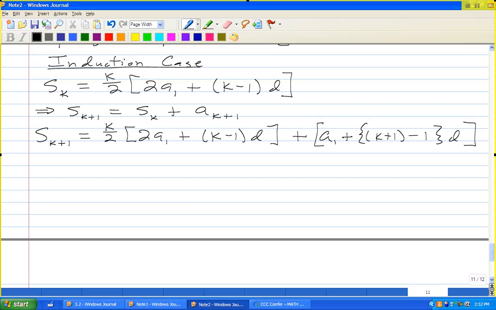That's the formula for the k plus first term, using the formula for the general term of an arithmetic sequence. So this is equal to, let's multiply k over 2 inside the parentheses. Ooh, no, let's do this first. Let's multiply d.